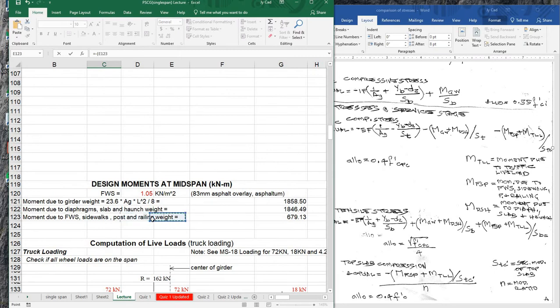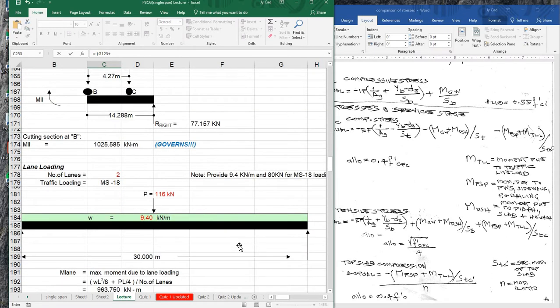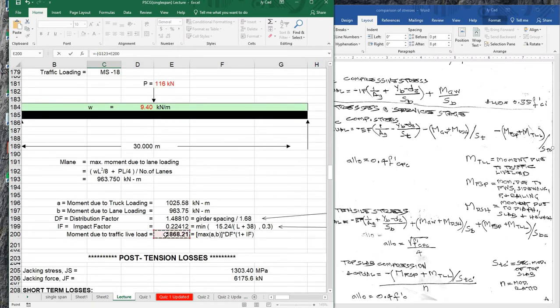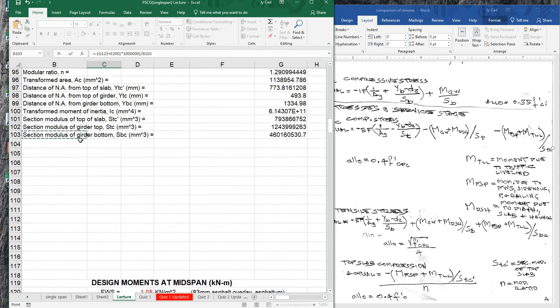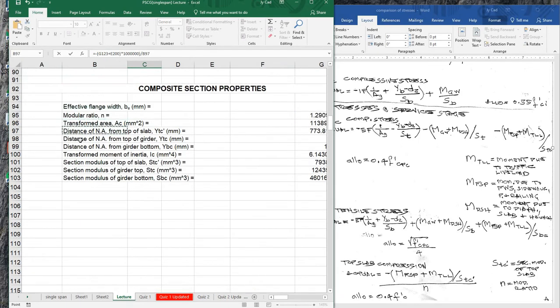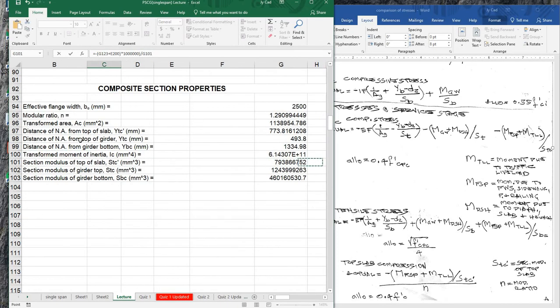Ito. Plus moment due to traffic live load, and then close parenthesis. Let's multiply that by 1 million to convert this to Newton millimeter, and then divided by STC prime. Yan yung section modulus of top slab. Makikita yan sa composite. Ayan. Okay, so this is your composite section properties. STC prime, and then enter.